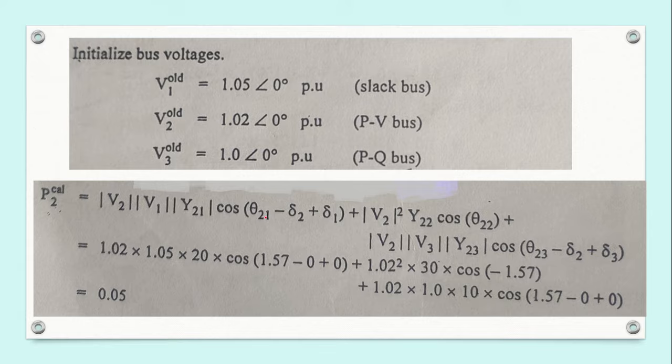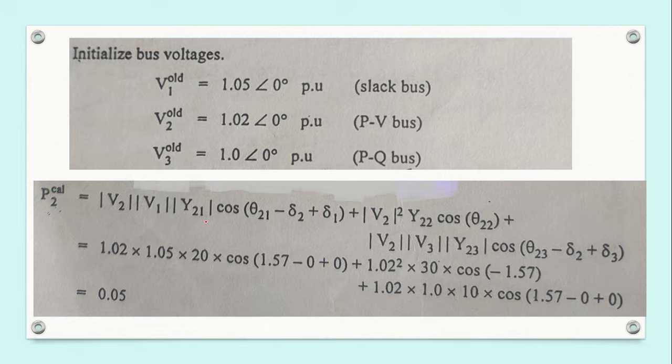Then we have all the values to be substituted into this equation. Modulus of V2, modulus of V1, modulus of Y21, all values we have. So what is modulus of Y21? For getting this particular value, we need to refer to the bus admittance matrix expressed in polar form.